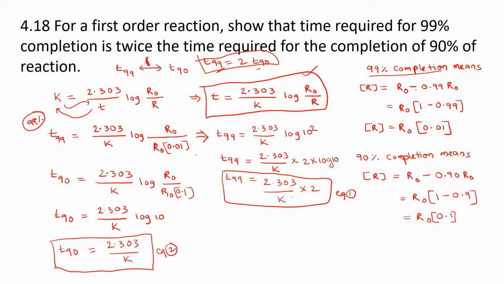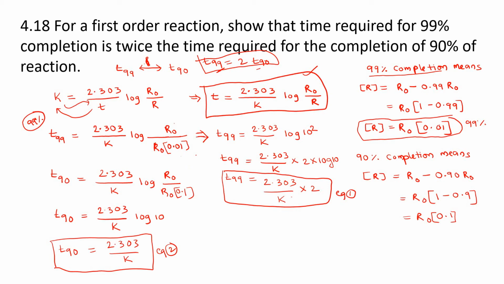Initial concentration minus 0.99 into initial concentration. Then take R0 common, 1 minus 0.99. Now the concentration of reactant is always R0 into 0.01. This will be the concentration of reactant at the completion of 99%. Now substitute the R value here. Now when you substitute, what happened?